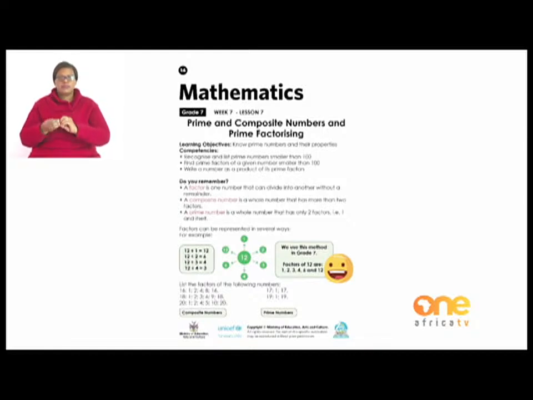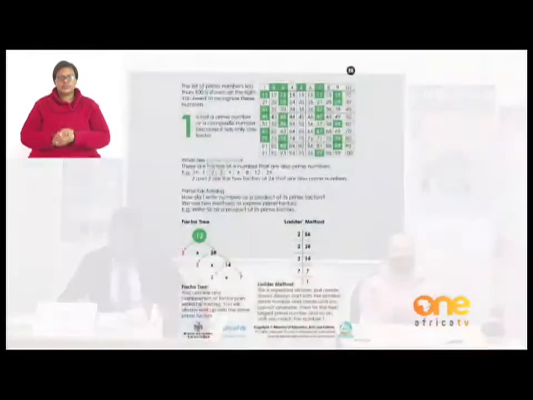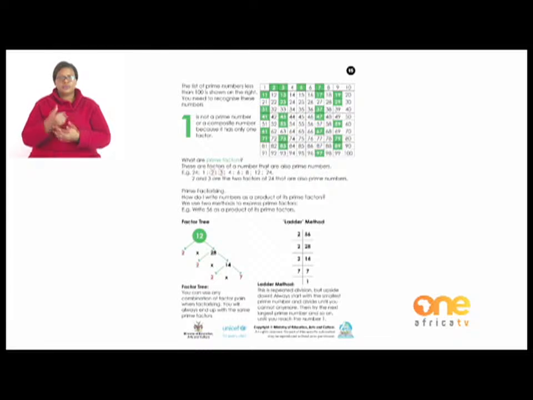Now we move to page 15. Reading, the list of prime numbers less than 100 is shown on the right, in the table. If you look at the table, you can see the numbers.